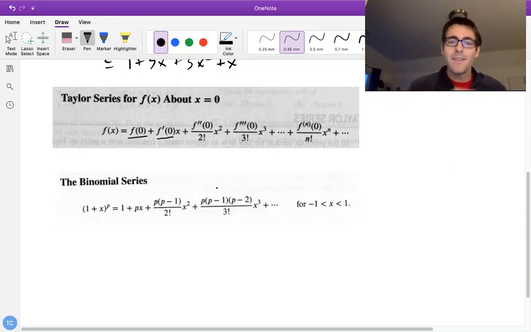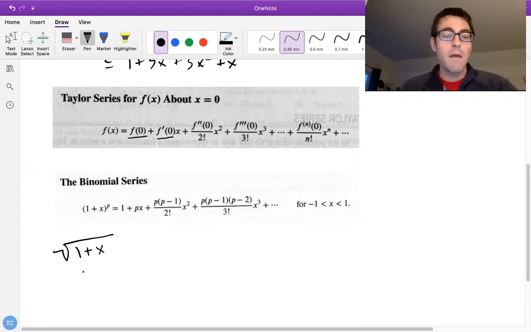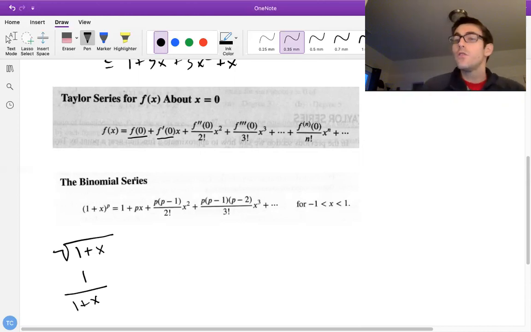Right? The reason this is useful is that this works for p values that aren't necessarily an integer exponent. They work for negative numbers, they work for fractions. Right? So for example, if I wanted to find the Taylor series expansion for the square root of 1 plus x, or maybe for 1 over 1 plus x, we can use this idea with various values of p, and we can keep applying these rules.